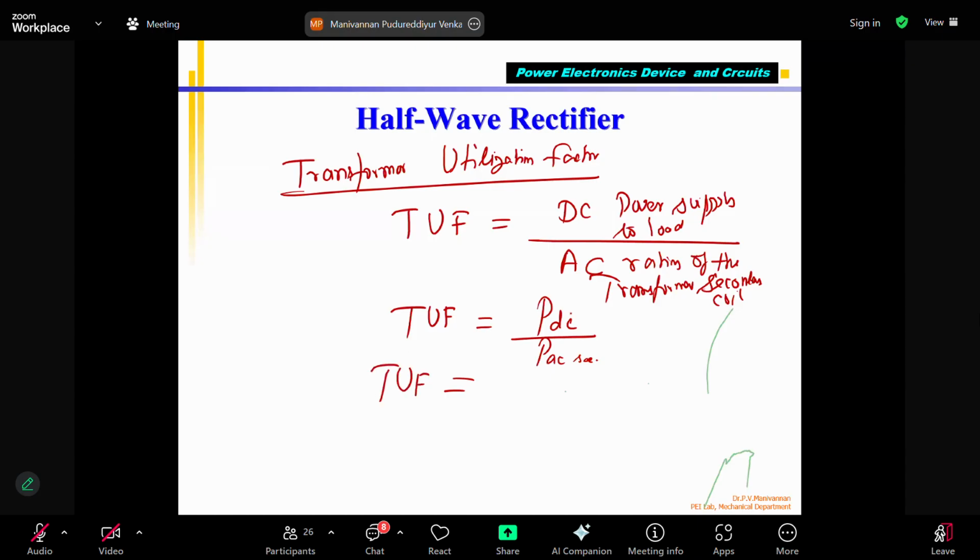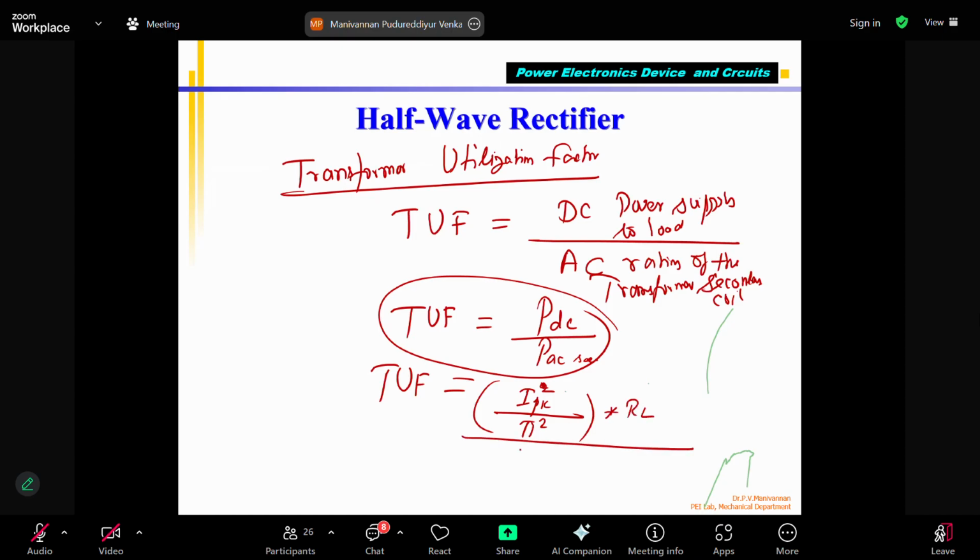This is one formula. Other formula, TUF can be written as I peak squared divided by pi squared, multiplied by RL.